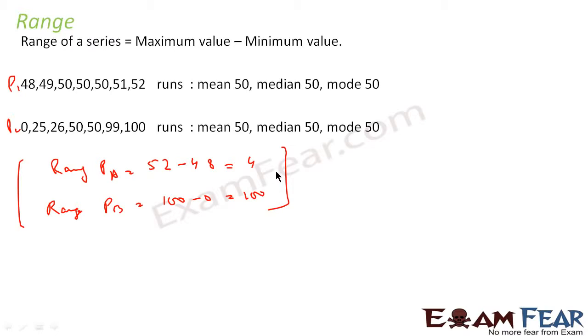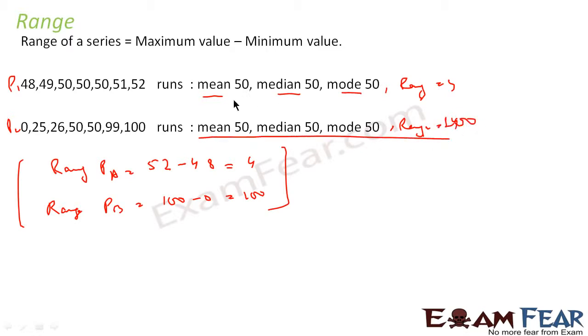So if you have this data also, that the mean is 50, median is 50, mode is 50, and range here is 4, and here range is 100. If you add this data also, I can get a clearer picture.